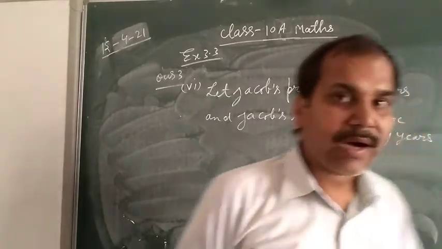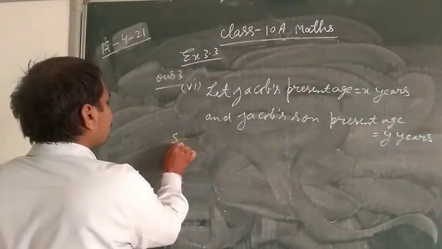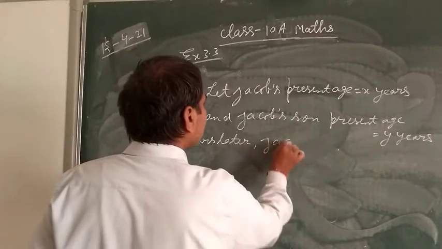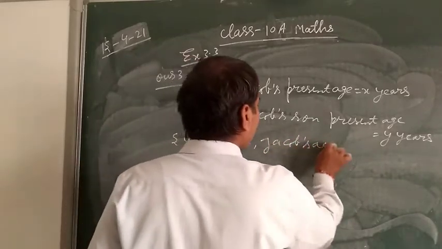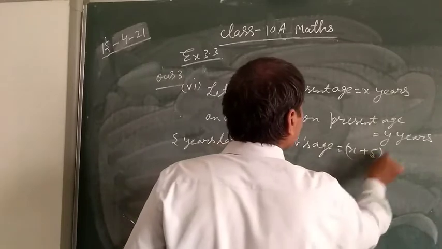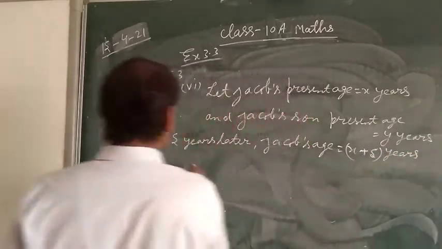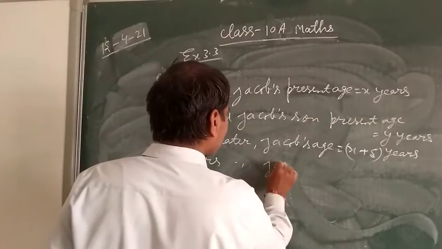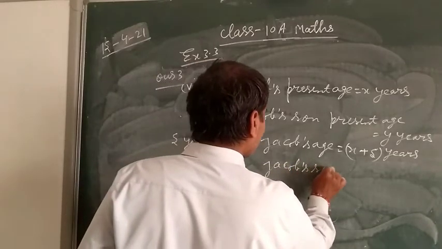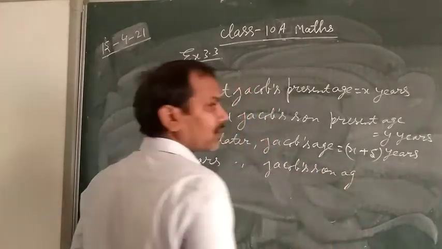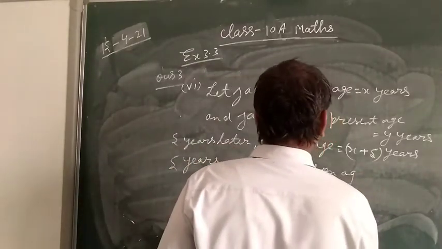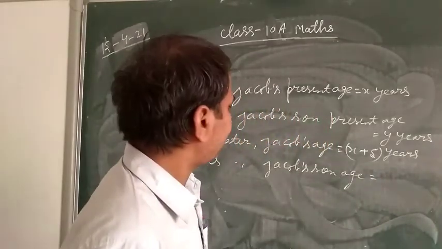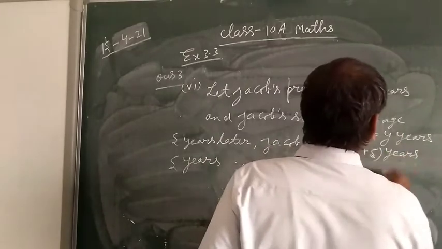The age of Jacob, so 5 years later, Jacob's age, so 5 years more, x plus 5 years. And his son also 5 years more, Jacob's son's age, so y plus 5.